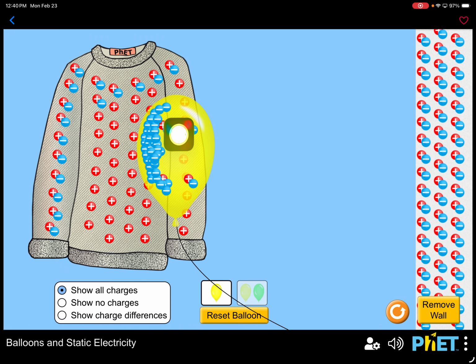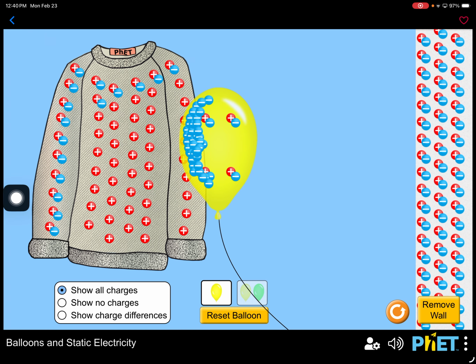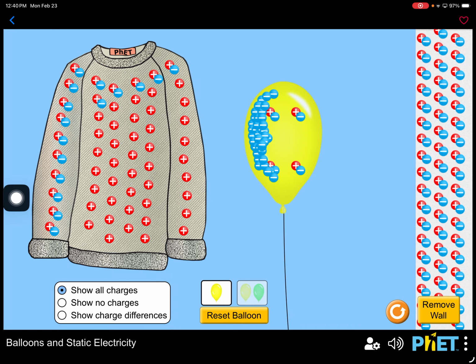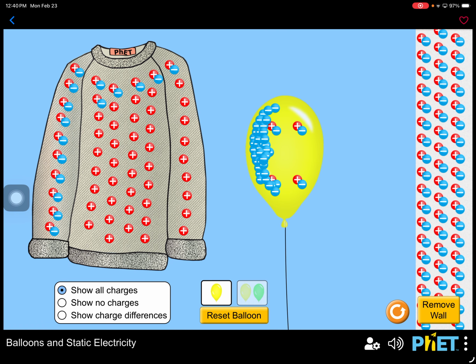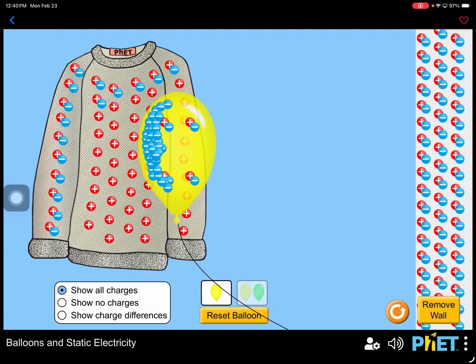This is called triboelectric charging, charging by friction. If you rub two materials, one of which is willing to give up electrons and another which is willing to accept electrons, you can charge objects.